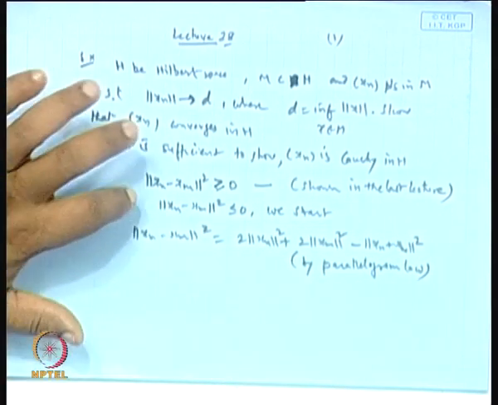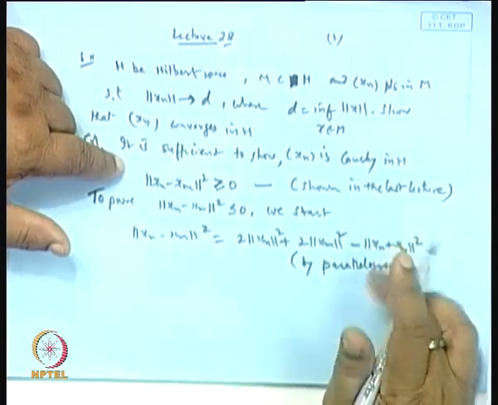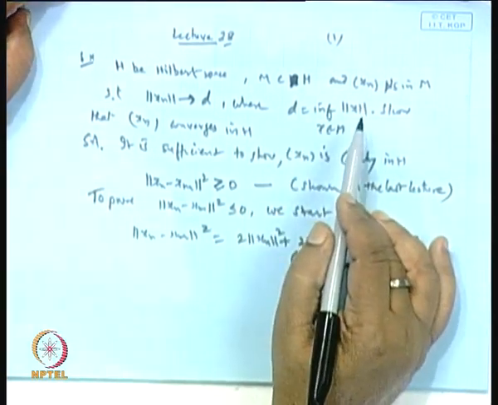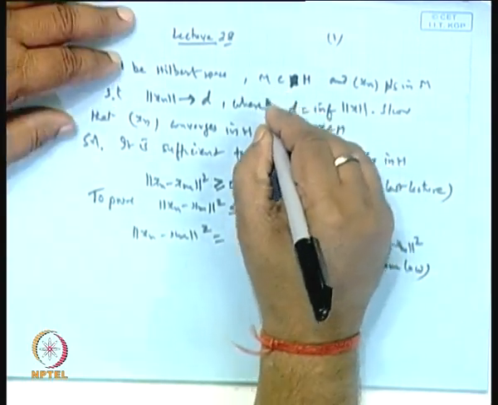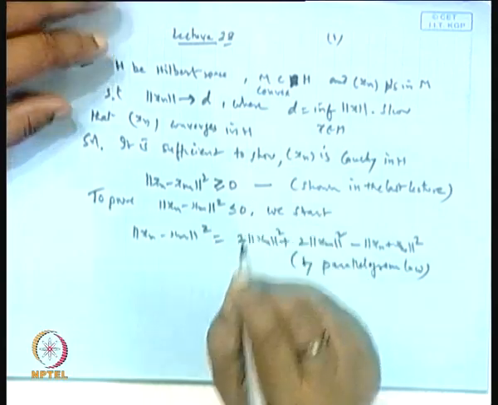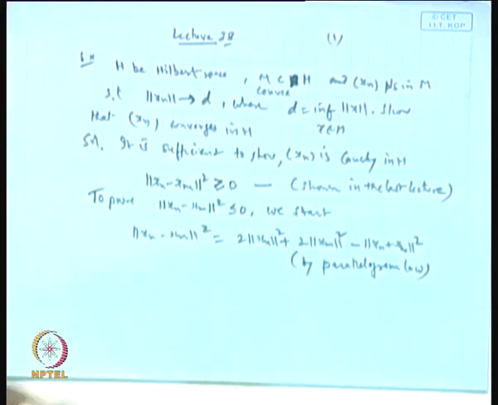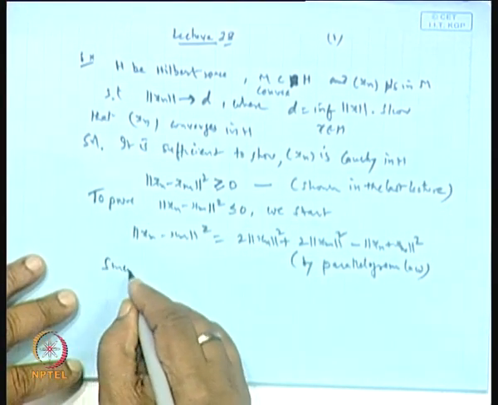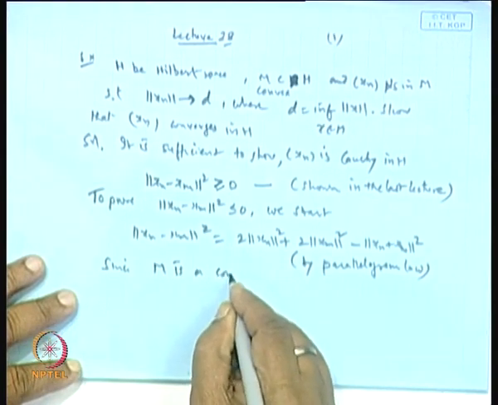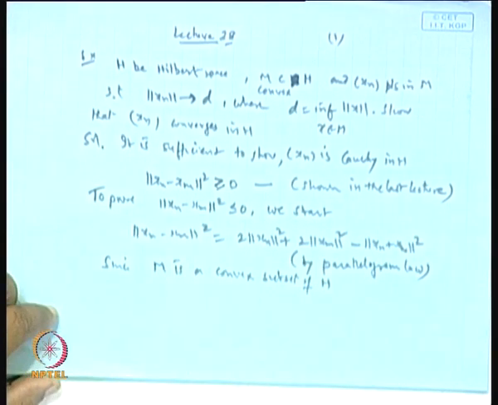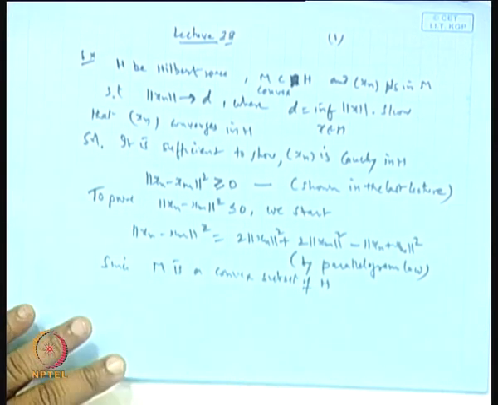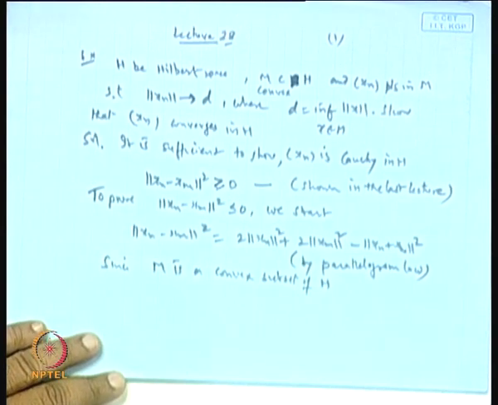Now, in the earlier case, we have not made use of the condition that M is a convex subset of H. Since M is a convex subset of H, by the definition of a convex set, if we pick up two points x_n and x_m, then the line segment joining them must be inside it.